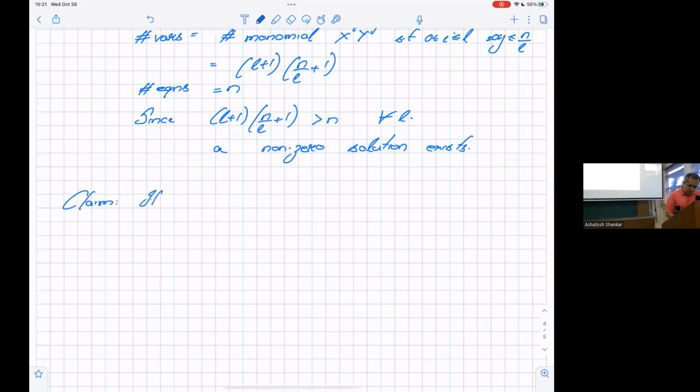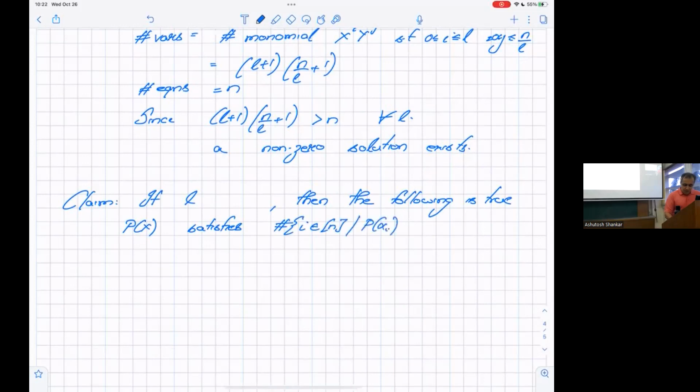If some condition on L is satisfied, then if P of x satisfies that the number of i in n such that P of alpha i equals beta i is greater than or equal to t, then you must have Q of x comma P of x identically zero.